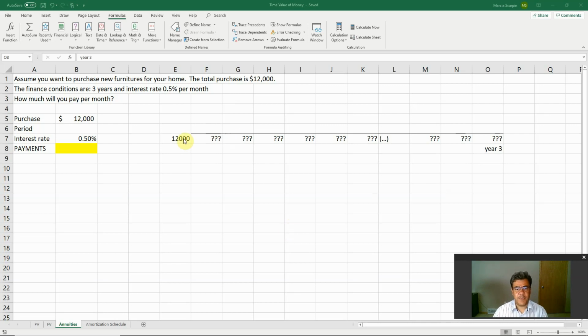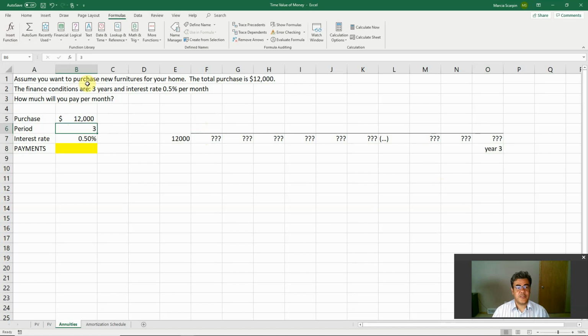Okay, so what do we have here? $12,000, and we will pay a lot of money per month, and we have the year at the end of the 3rd year. So period, 3 years, and I don't know if it's right or not. Let's discuss it now.